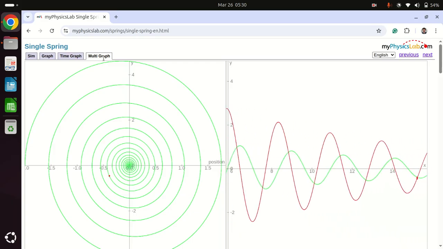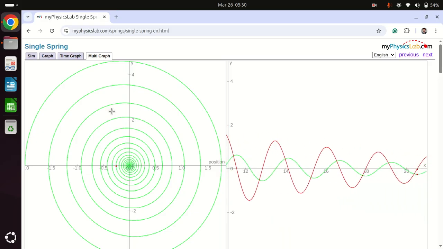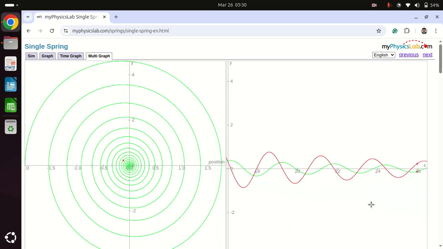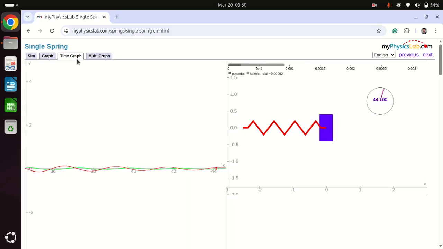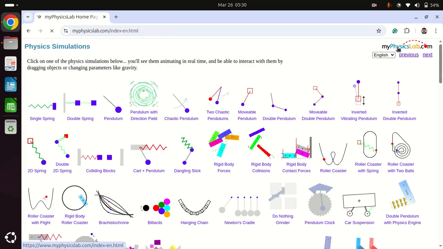So as the oscillation is progressing, you can see how the position is changed from here, and I guess these are speed and accelerations, or position and velocity. Okay, this looks nice.